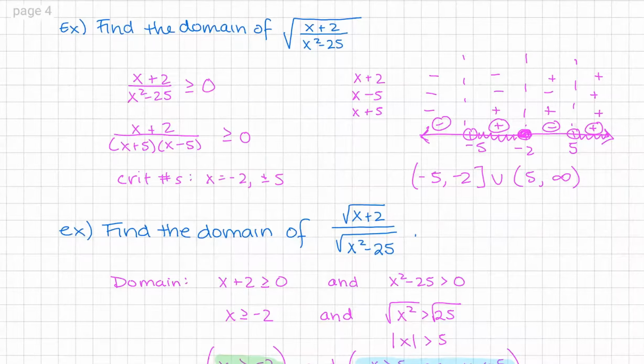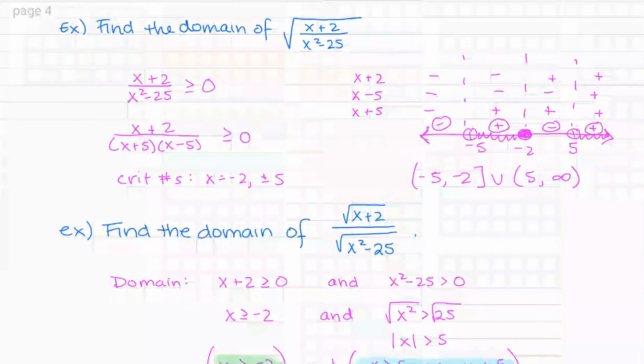Just like the previous example, we do have something in the denominator, so those numbers can never be 0. So that's why I'm not shading in the 5 and the -5. But because I do want to know where this entire fraction could be equal to 0, I do want to look at where the numerator is 0. And that's why I will shade the -2. I do worry about that one.